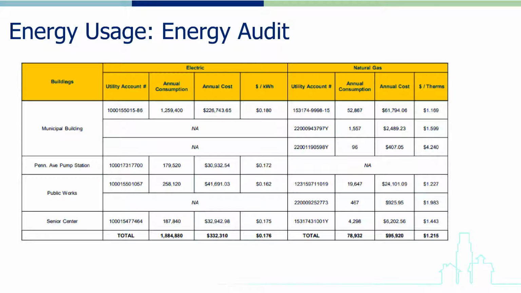This slide shows a representative sample of the type of electric and natural gas energy consumption data generated by an energy audit. In this case, the audit covered 4 buildings in Neptune, all of which might be candidates for inclusion in a community microgrid. This audit was completed in 2010 and would need to be updated to provide accurate data for inclusion in a final microgrid development plan, but may be useful at this stage to provide a solid ballpark estimate of energy use at these facilities.